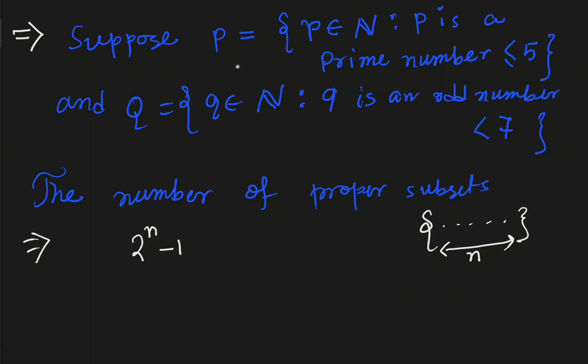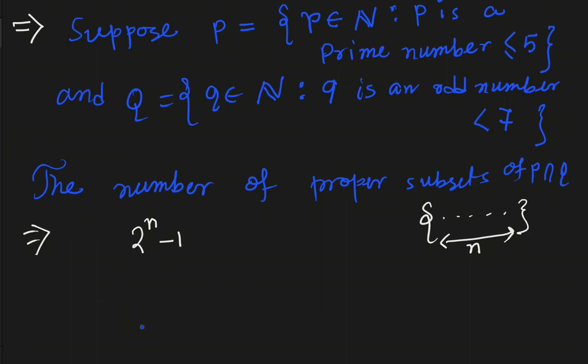Now we have to calculate the proper subsets of P intersection Q.